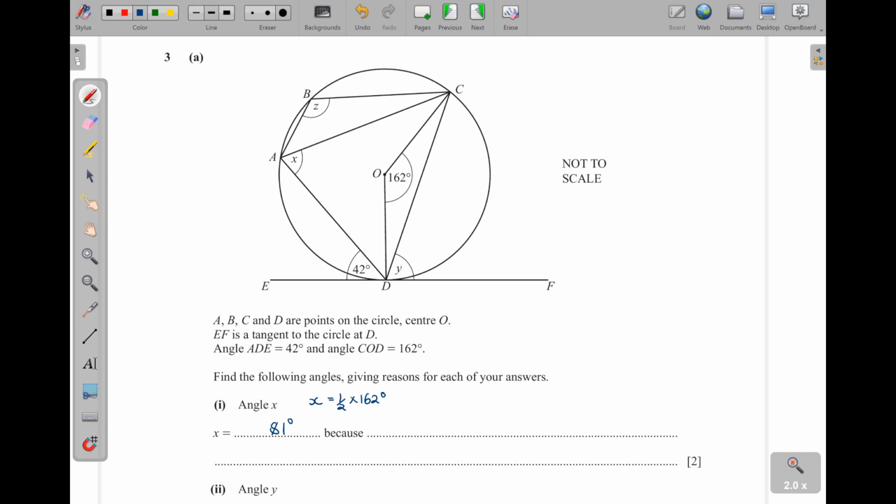So the reason I'm going to state here is that angle at the center is twice angle at the circumference.